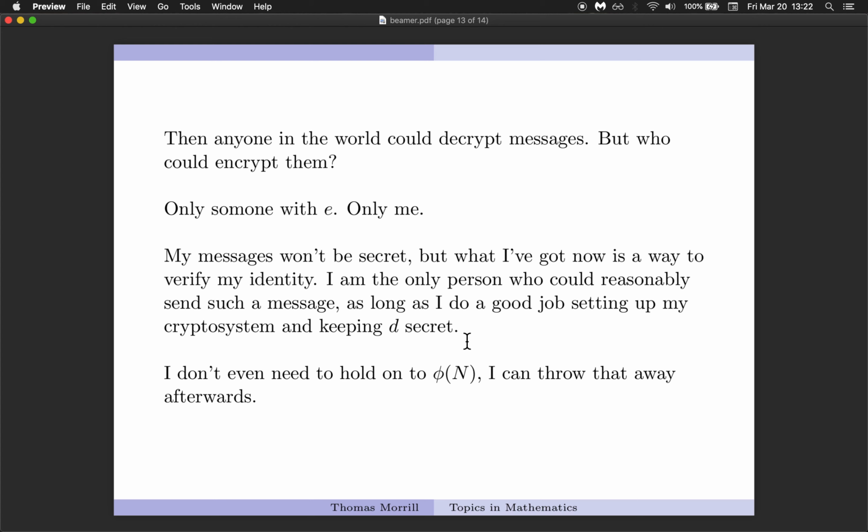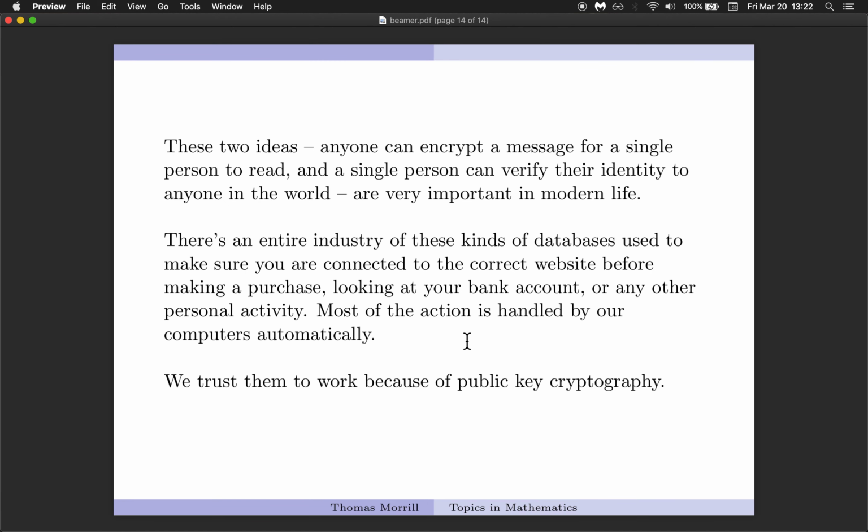Systems like this, where we can send a message to a single party and guarantee that they are the only person who reads it, or where we can sign a statement and guarantee that we are the only person who could have sent that message to begin with, get used pretty much everywhere in modern life.